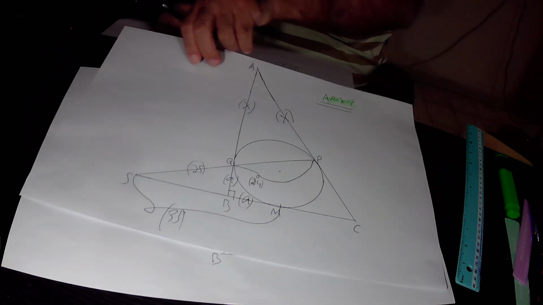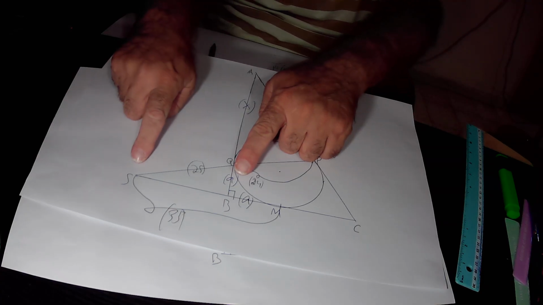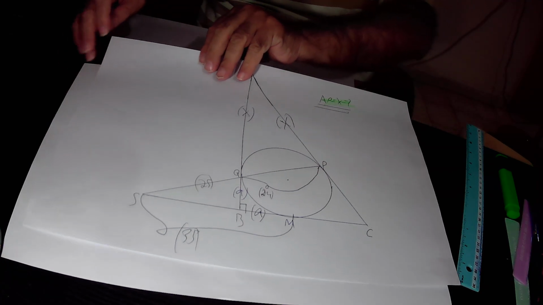What is the length of this missing line SB?